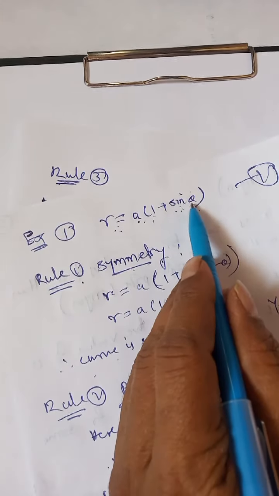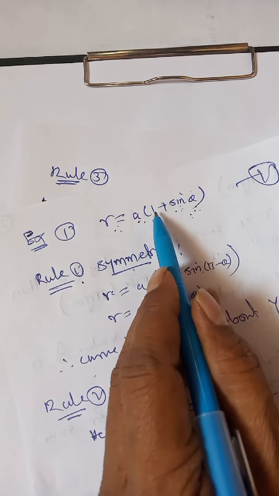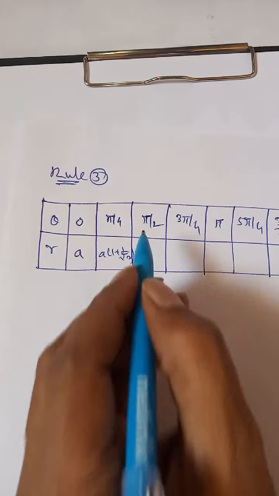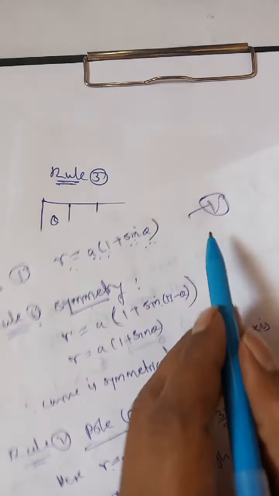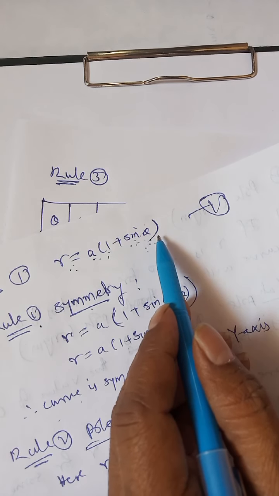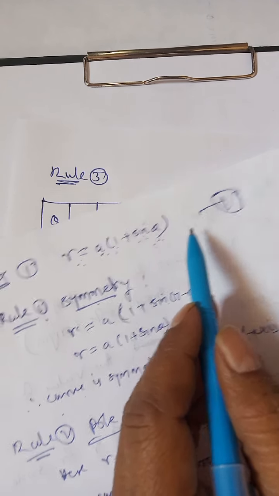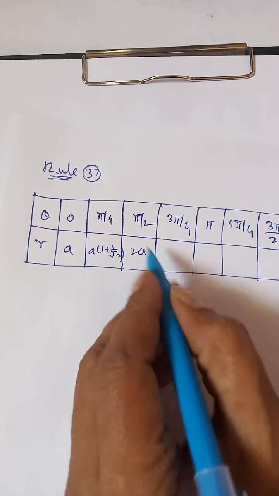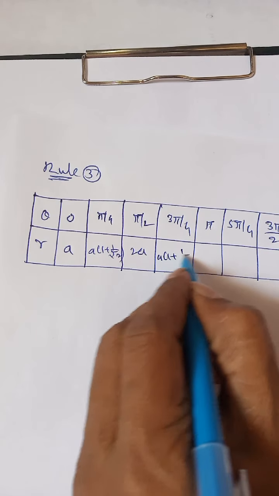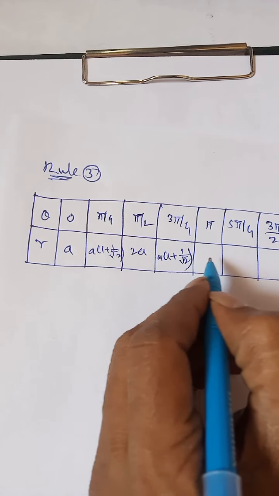Then theta equals 90 degrees: sine 90 is 1, so it is 1 plus 1, 2a. So r is 2a here. Theta equals 3 pi by 4: sine 3 pi by 4 is again 1 by root 2. You can check this value. So it is a into (1 plus 1 by root 2).